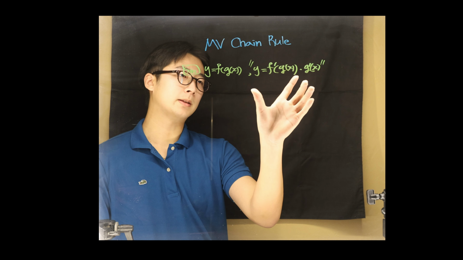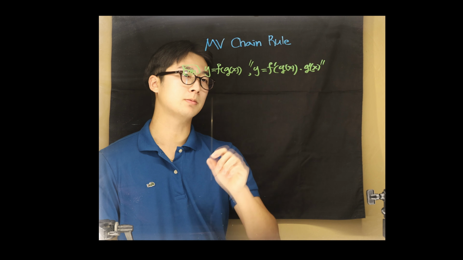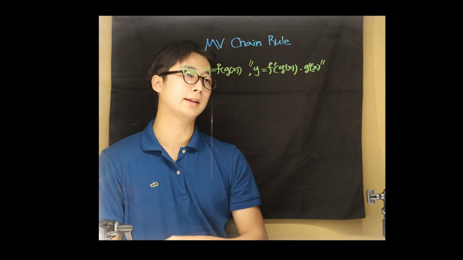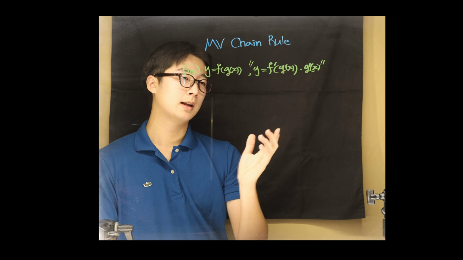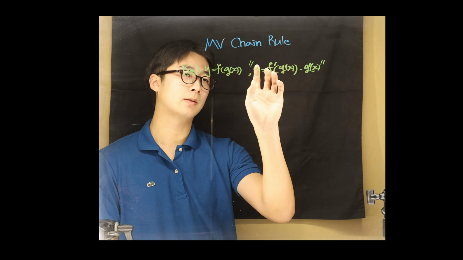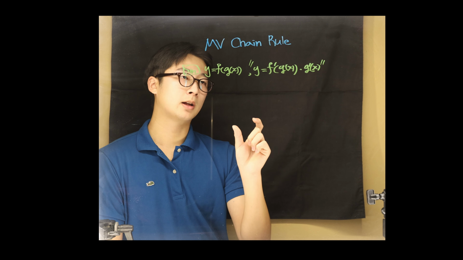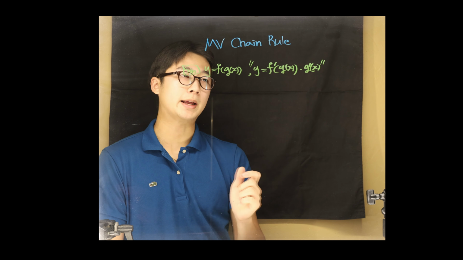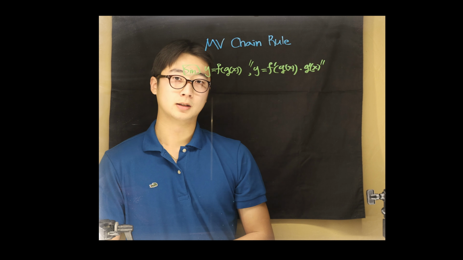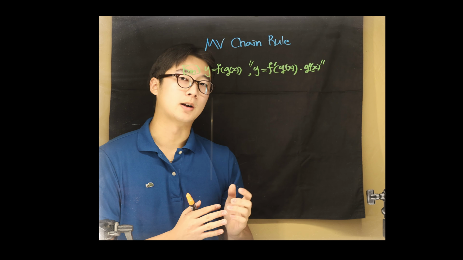So the intuition of this formula is that the total rate of change of y with respect to x, in this case, when we need to apply the chain rule, it comes from the rate of change of y with g of x and the rate of change of g of x with x. So that's the flow of the chain rule when the function has an outer function and inner function.